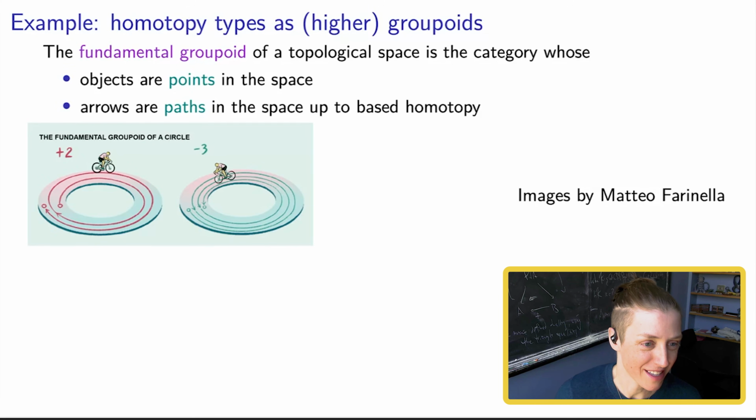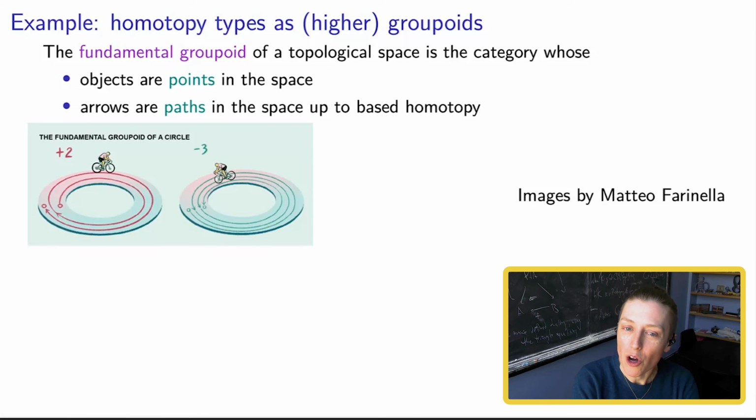So what I have here is this beautiful cartoon picture of the fundamental groupoid of a circle. Here, the little circle represents a point. You can imagine having a point on the circle, and so that's an object in this category. And a morphism in this category, you might think in particular of a loop, a path that you would trace through the circle that goes from the point back to itself.